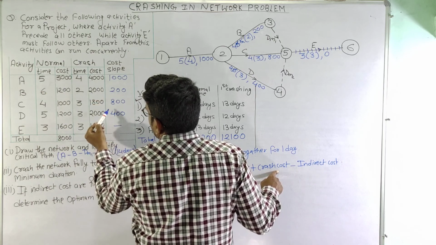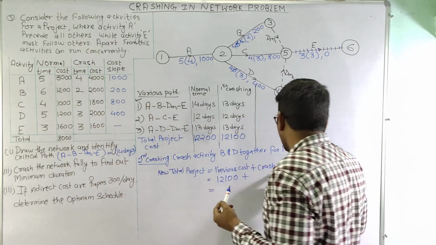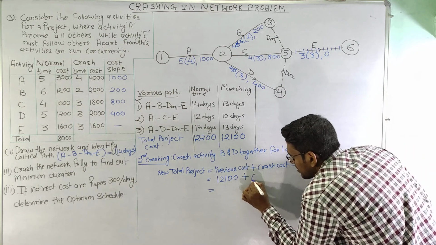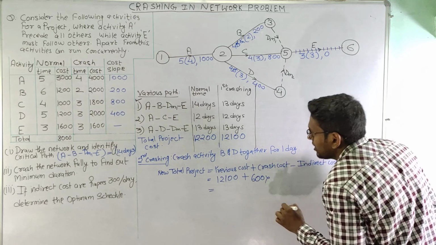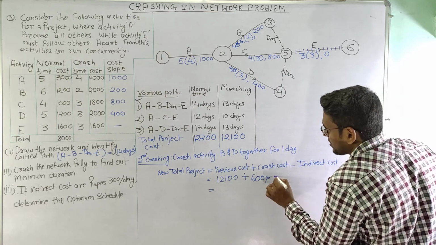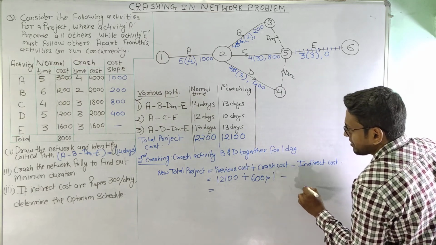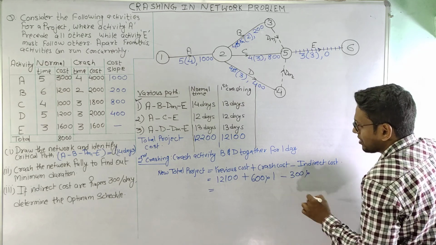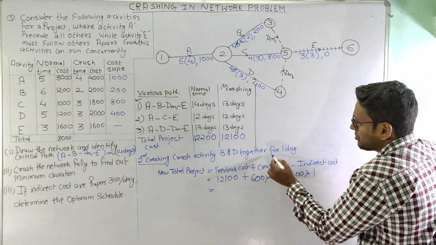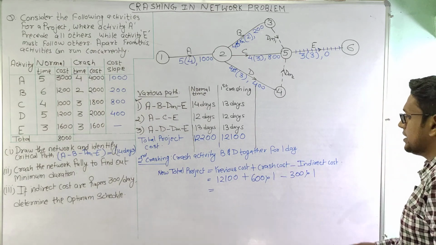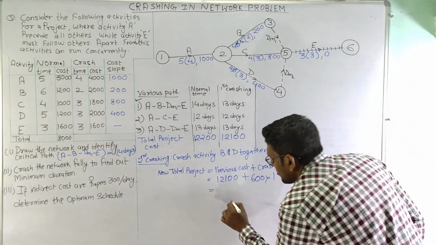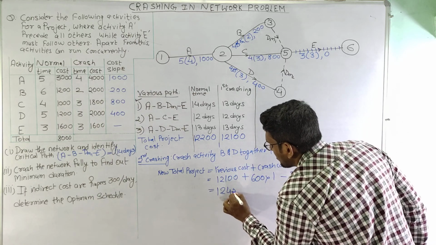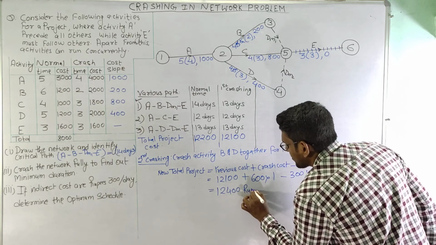So if we crash them together, the slope, or crash cost, will be 600 per day. So this is 600 multiplied by number of days. So we are crashing for 1 day, minus indirect cost, that means 300 multiplied by 1 day because it has been crashed for 1 day. So this will become 12400 rupees.